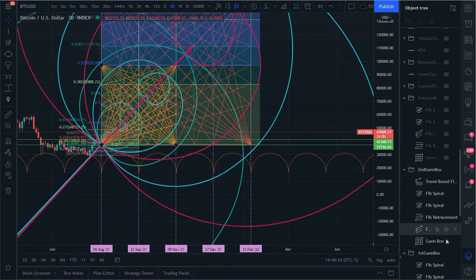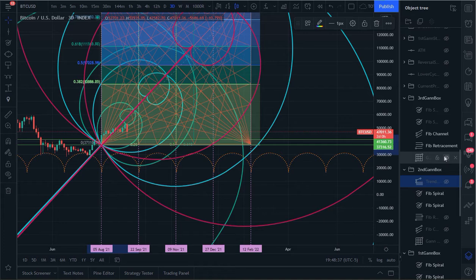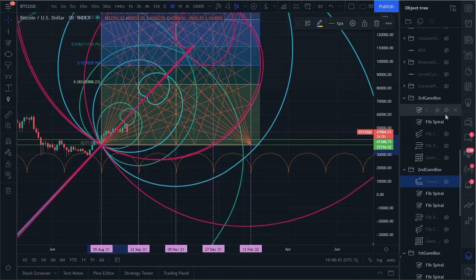So we remove everything like the Gann box, Fib channels, retracement, trend based. This is another kind of beast that I have to explain. Okay, removing this one, and this one, and leaving just the spiral.